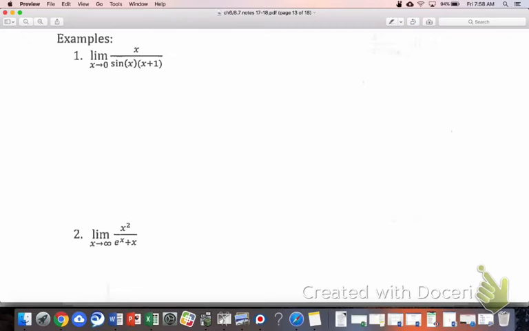So check it out. What I just showed you definitely will be okay. Here would be the more rigorous way. If you're wanting the less loserish way and the more rigorous way, you could say the limit as x approaches 0 of x is 0, and the limit as x approaches 0 of sine of x times x plus 1 is also equal to 0.